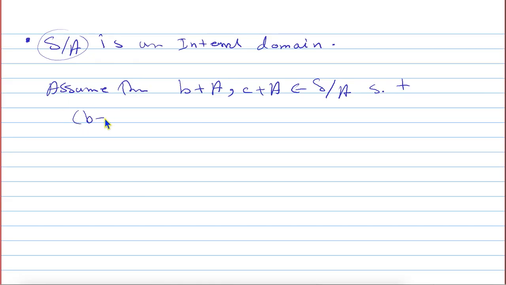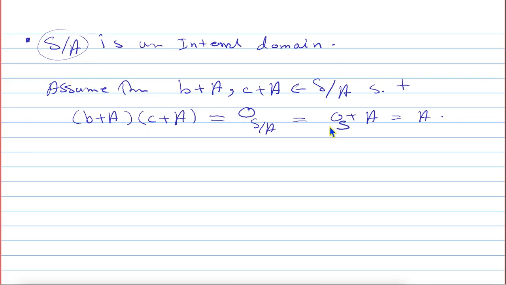So B plus A and C plus A, their product is 0 of the quotient ring. And of course this 0 of the quotient ring is just 0 plus A, or we can simply write it A. This is, of course, 0 of S.